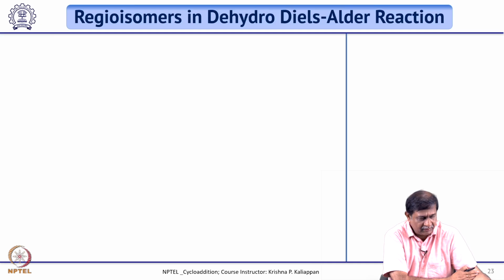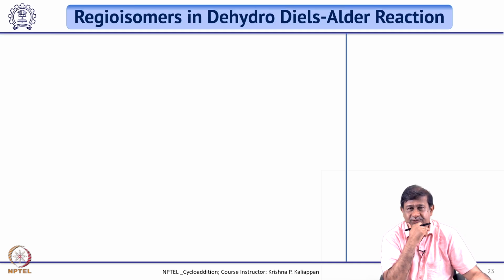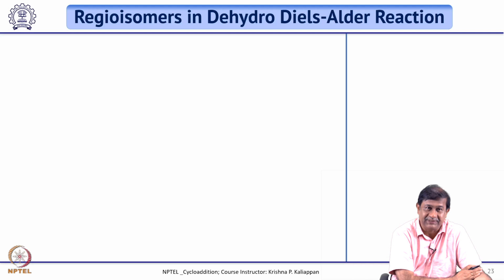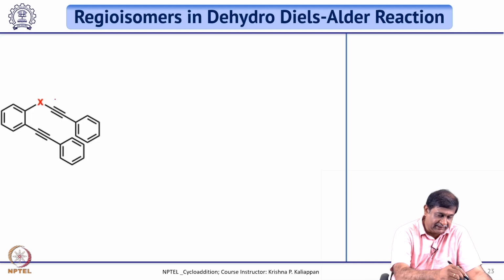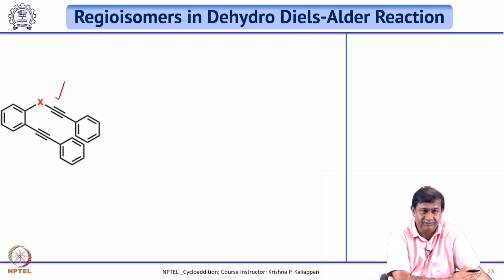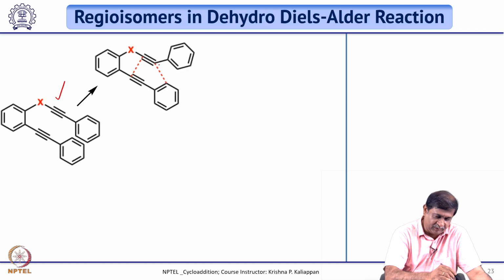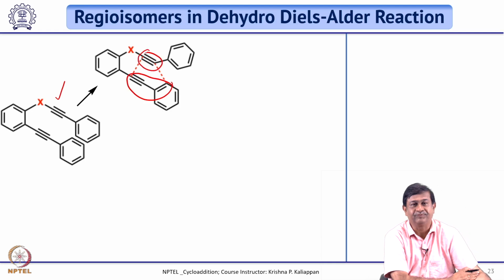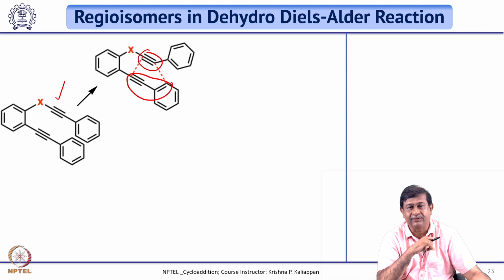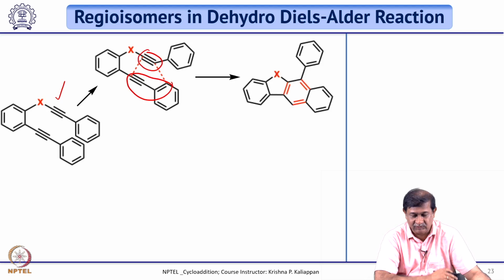Not always will it give only one isomer during the Dehydro Diels-Alder reaction. There are examples where a mixture of two regioisomers is in principle possible. For example, if you take this diene, you can consider this particular transient state where this is the enyne and this is the alkyne. Now, if these two undergo an intramolecular Dehydro Diels-Alder reaction, what you will get is this product.